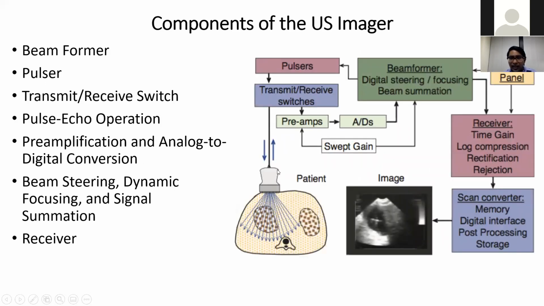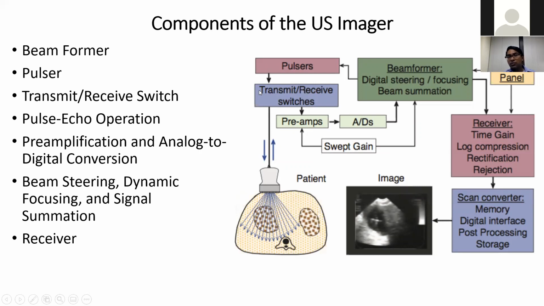So here is a transducer that is looking into a patient, and it's basically transmitting energy or sound waves into the medium, which is then reflected back and received by the same transducer. So a transducer has a transmit and receive switch.